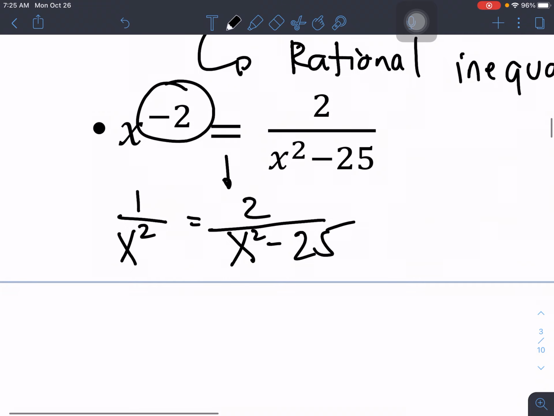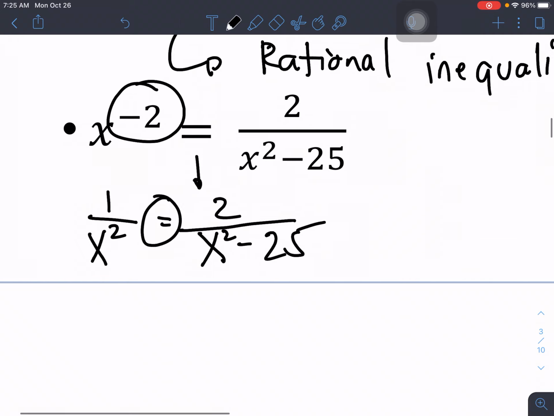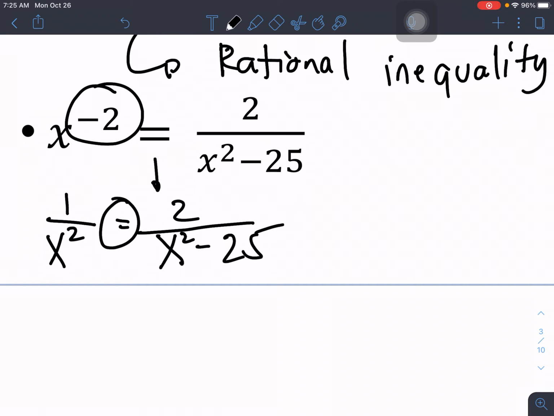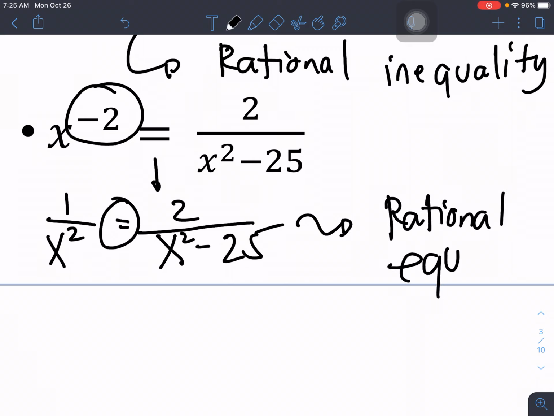Everything in these expressions is a rational expression. There is a separation of an equal sign, and it is not in the form of f of x equals p of x over q of x. Thus this one is a rational equation.